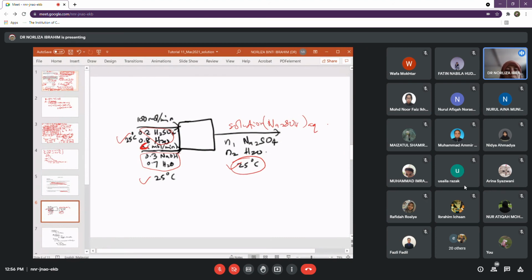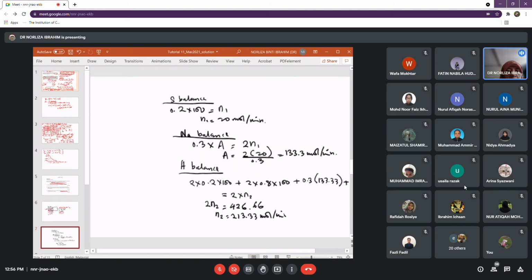Now solving the material balance, we solve using atomic balance. So we choose S balance, Na balance, H balance. This is our C, and C is our NaOH stream. N1 is your Na2SO4.